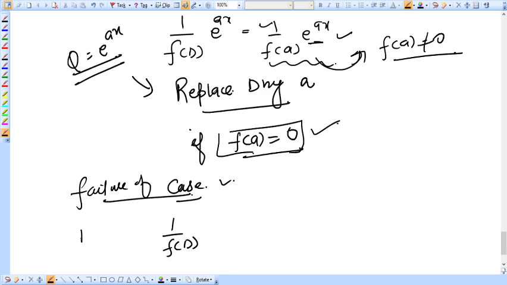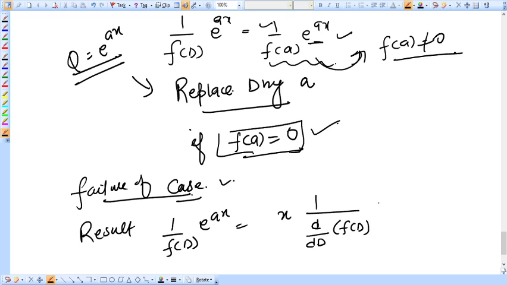If f(a) is equal to 0, then 1 upon f(D) e raised to power ax is equal to x times 1 upon the differentiation of f(D), e^ax.